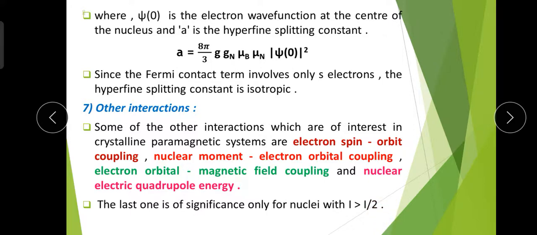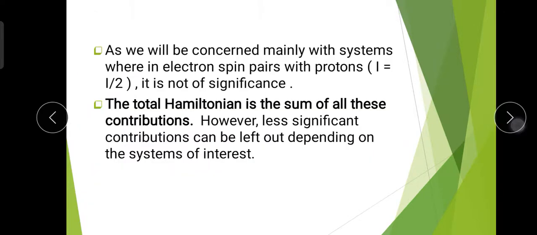That means this last interaction is useful only when we have nuclei with spin I greater than 1/2. Only then does this term contribute to our Hamiltonian. So this is the condition for the nuclear electric quadrupole energy.